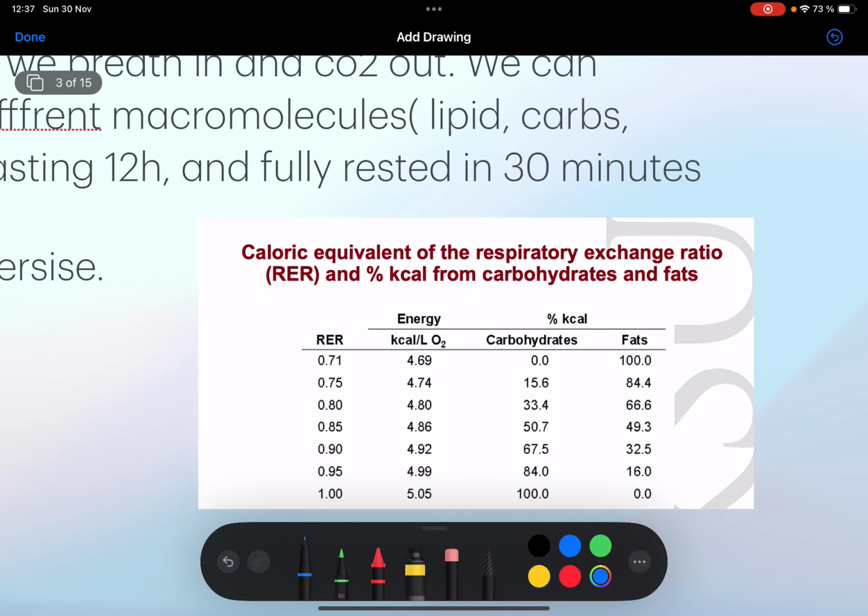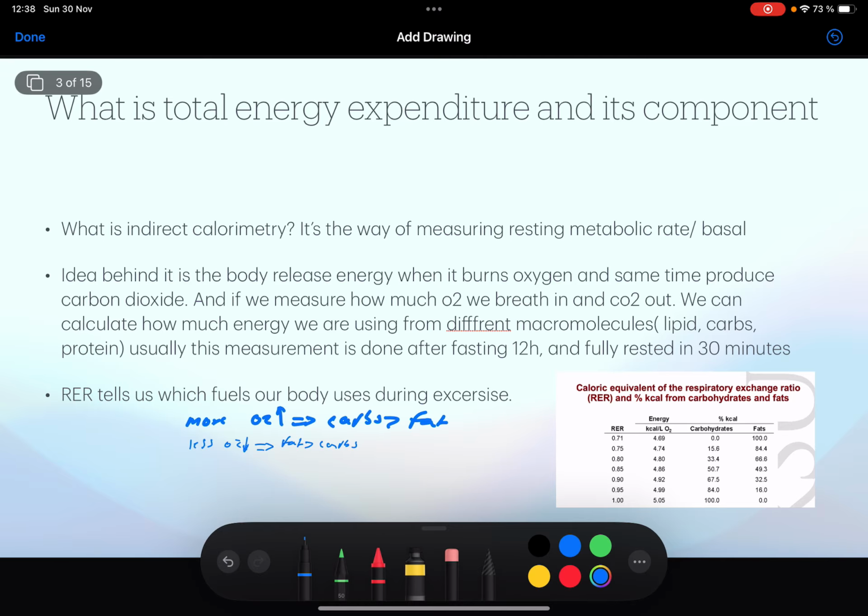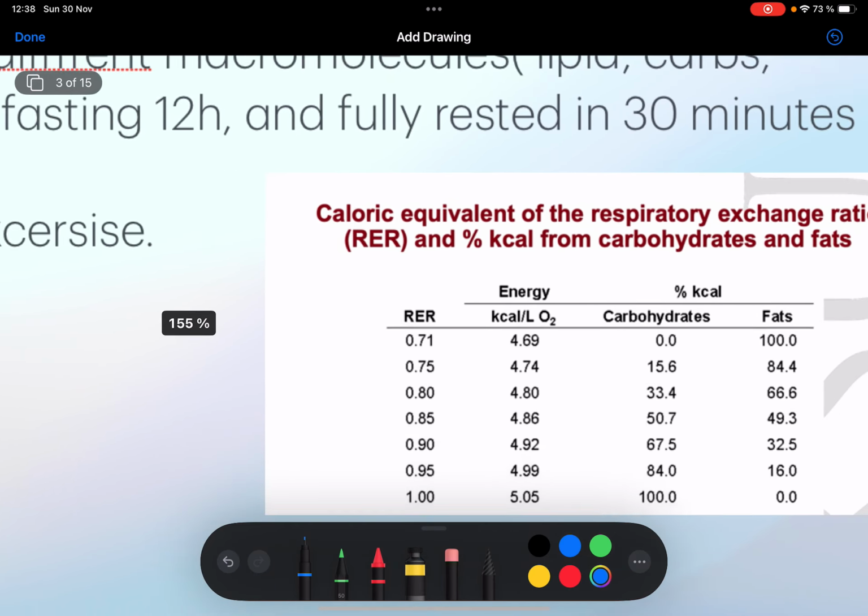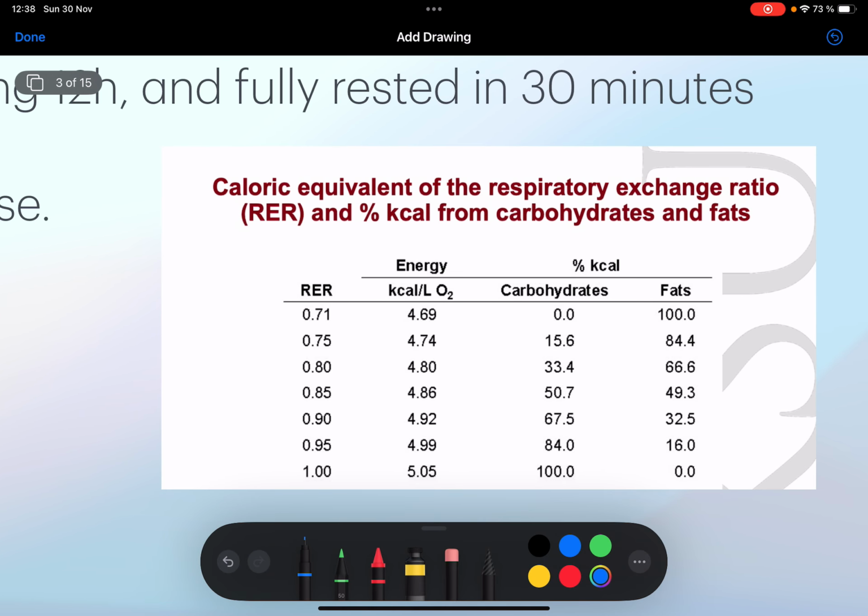So what does this tell us? This tells us that the RER is basically, I think, the respiratory exchange ratio. Depending on how much oxygen we are consuming, it tells us which type of macromolecule we depend on. When the RER is 0.71, we are not using so much oxygen, so we depend on fats as an energy source.